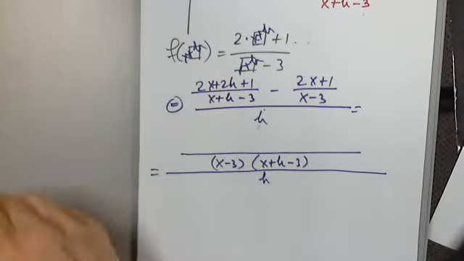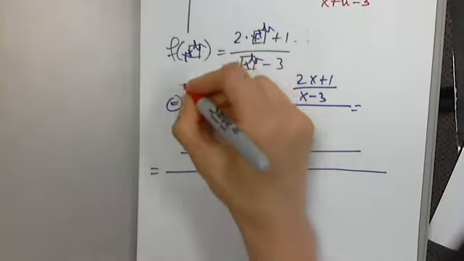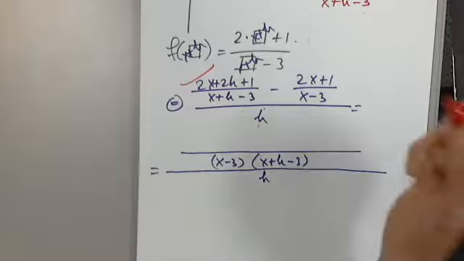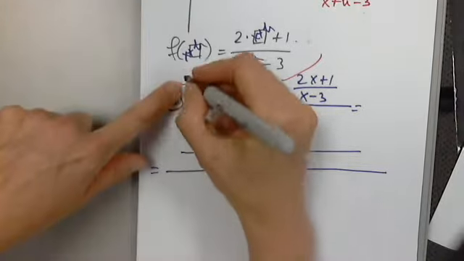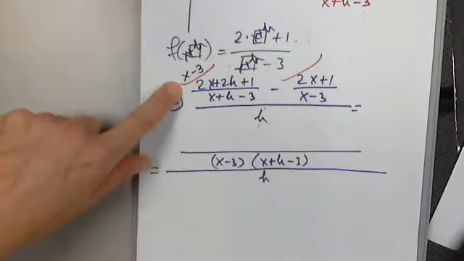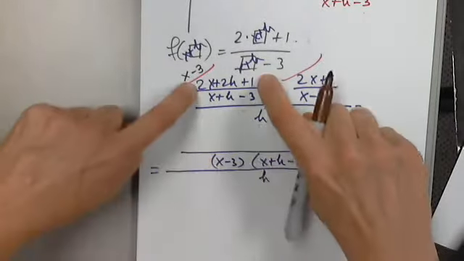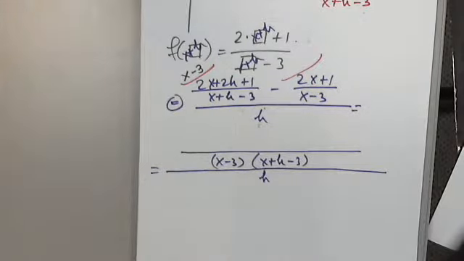Okay, but now I have to worry about what I need the numerator to be multiplied by for the first one and what the numerator of the second one needs to be multiplied by. And the answer is, do we all agree with x minus 3 for the top one, for the first? Because this was multiplied by x minus 3, I have to multiply the top by x minus 3.